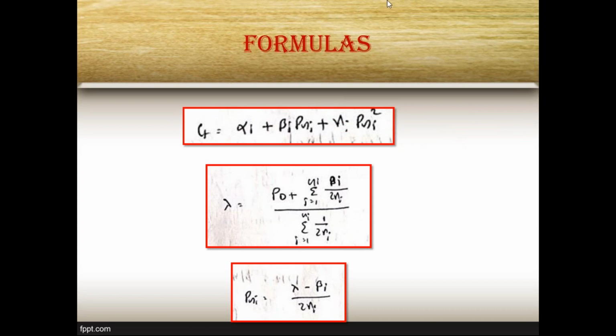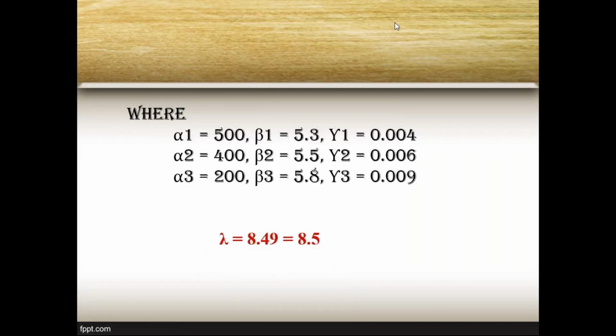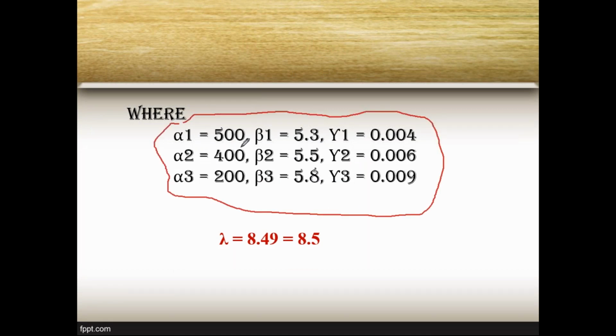Then you will get all the parameters. Alpha 1 equals 500, beta 1 equals 5.3, gamma 1 equals 0.04, and similarly for the other two.